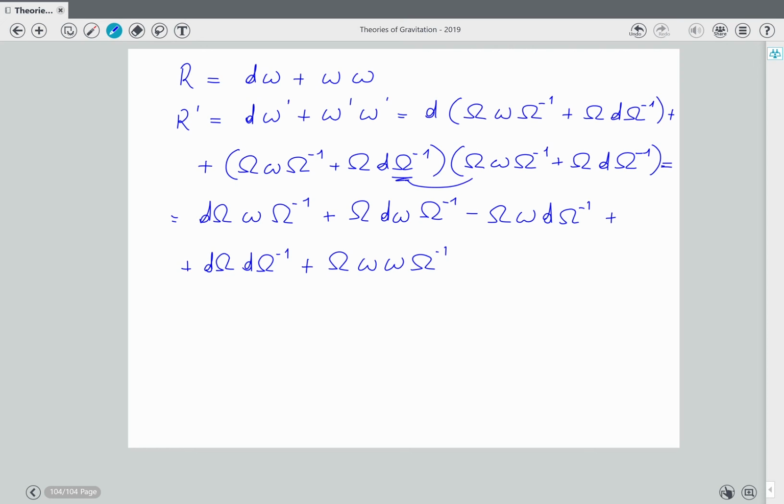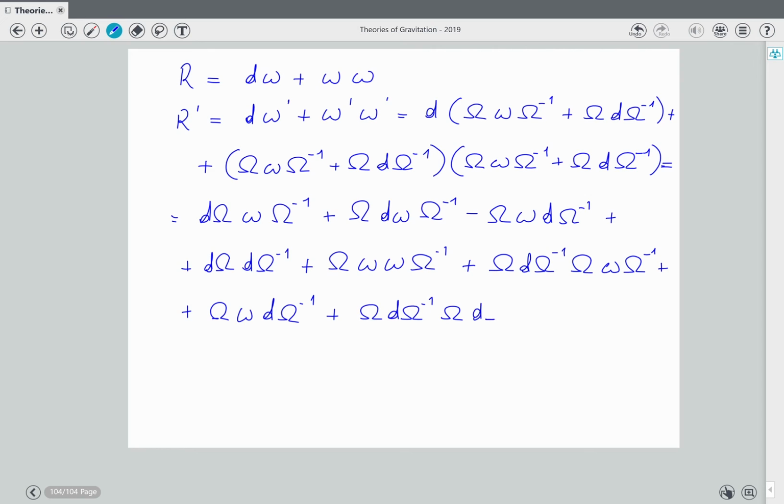If you multiply these two, you have plus Omega d Omega to the minus 1 Omega small omega Omega to the minus 1, plus now this times that, big Omega small omega big Omega to the minus 1 times Omega. So we get this. And the last one, which is Omega d Omega to the minus 1 Omega d Omega to the minus 1.